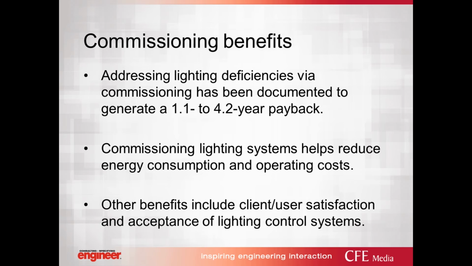Well, when you're doing commissioning, you're actually acting on behalf of the owner and making sure that everything is installed correctly. Commissioning lighting systems helps reduce energy consumption and operating costs, and the benefits also include client user satisfaction and acceptance of lighting control systems.